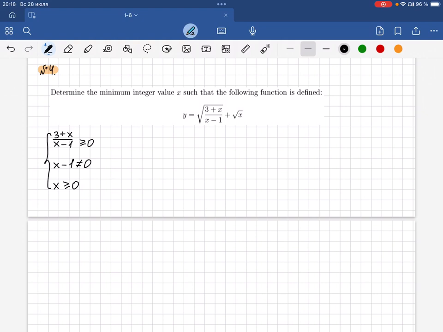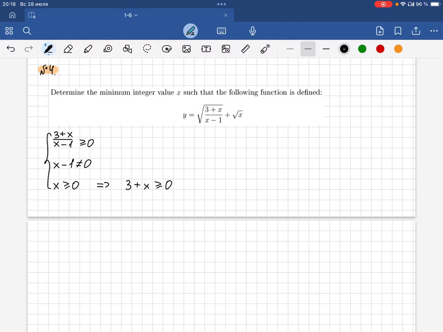And the system is very simple. We know that our x is non-negative, which means that the numerator in our first inequality is also non-negative. 3 plus x is also non-negative. So this last inequality guarantees that the numerator of the fraction in the first inequality is non-negative.